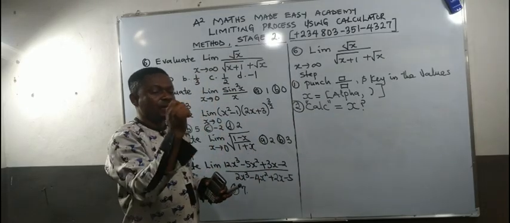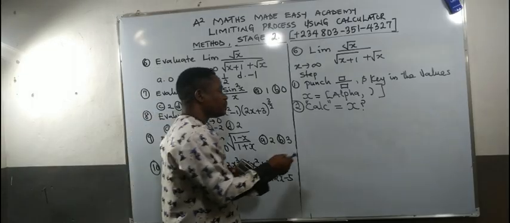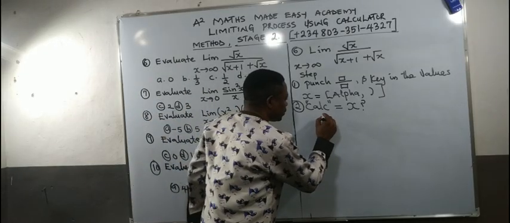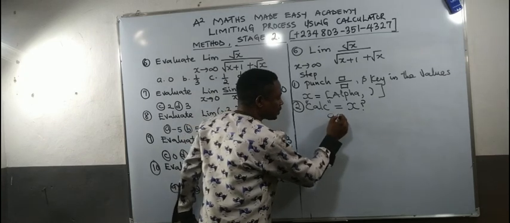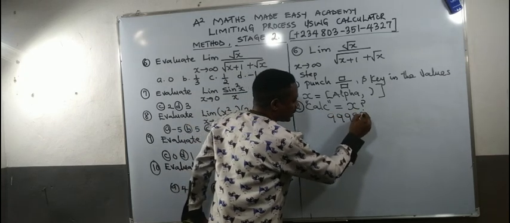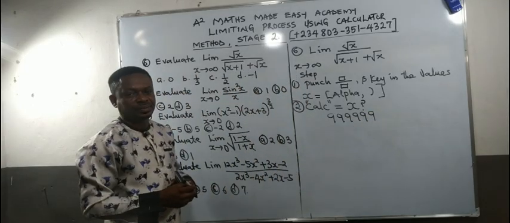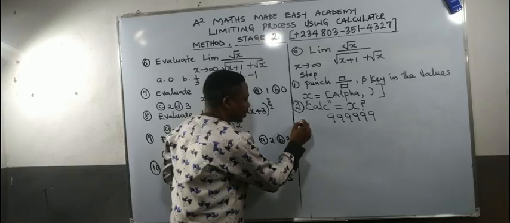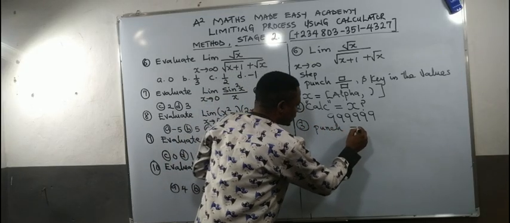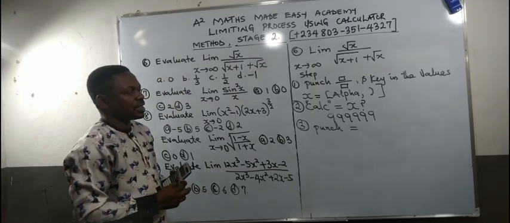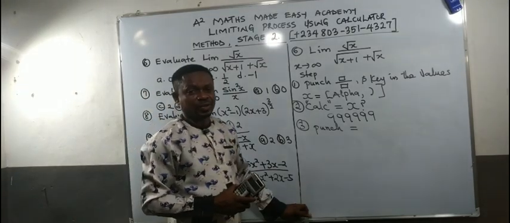And that is to say, anywhere you encounter a problem and x tends to infinity, please don't forget to Q in this value after you would have punched calc: 999999, up to 6 decimal places. It is constant. Then finally, which is step 3, punch equal to, and the answer will appear. So these are the steps for solving a limit that x tends to infinity.